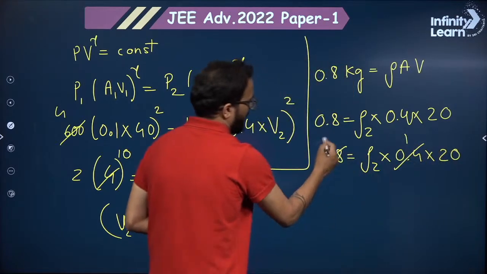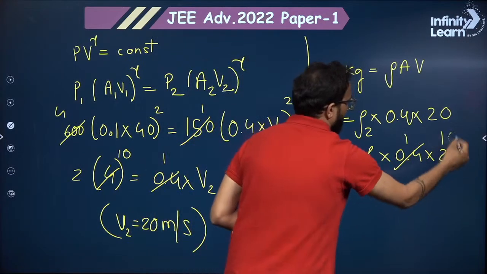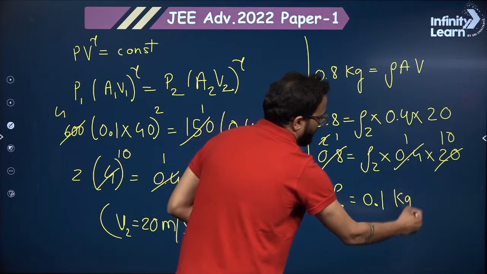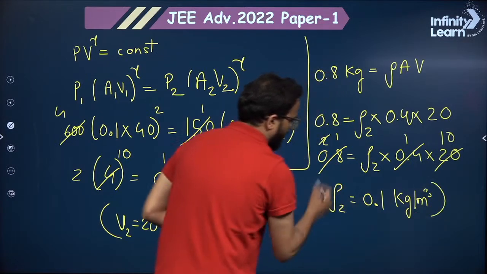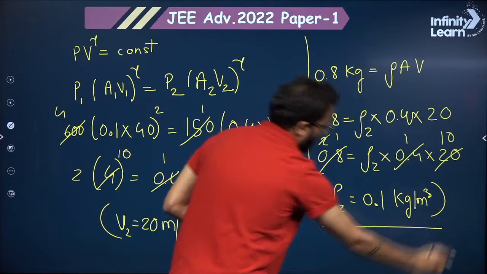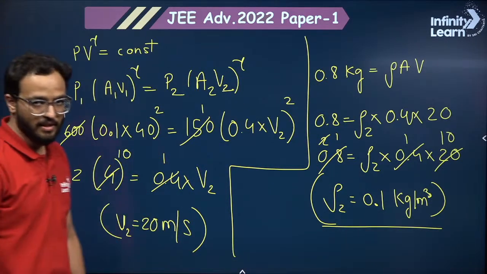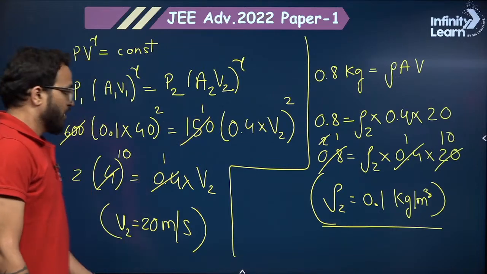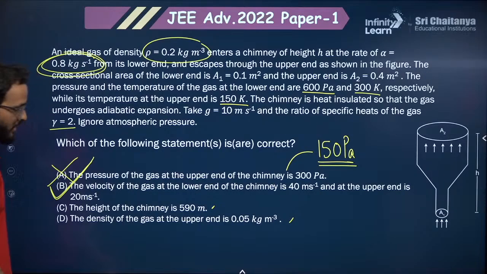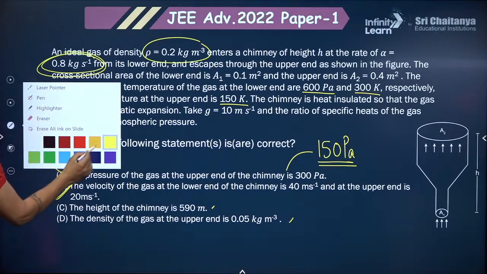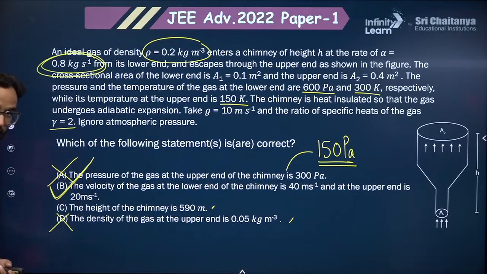So rho 2 will be 0.1 kg per meter cube. Rho 2 is 0.1 kg per meter cube. This is the density at the upper end. Let's check what they have given. 0.05, wrong. So the option D is also wrong.